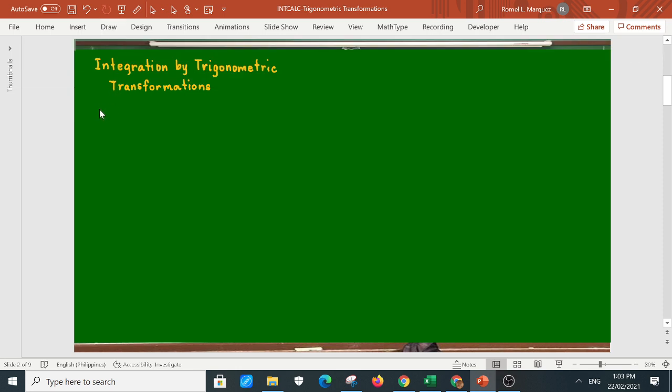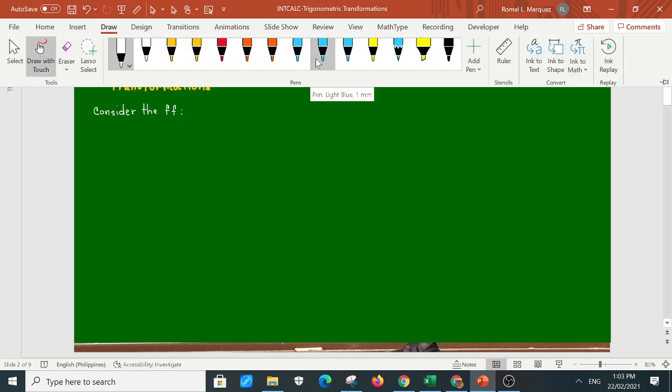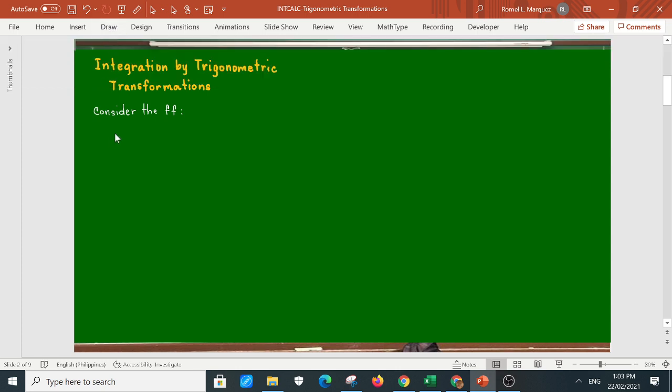So here we will be considering the following. We have tangent to the n, cotangent to the n.